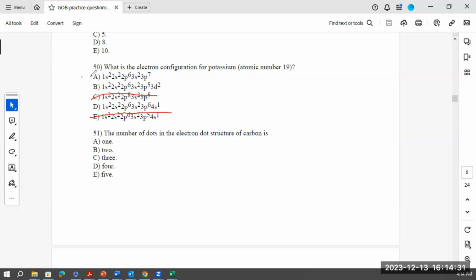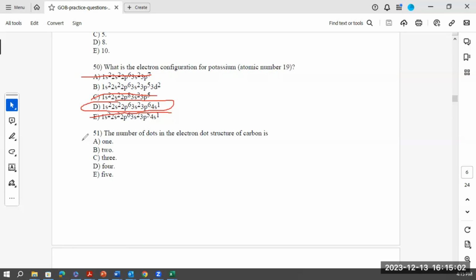We also know that this one is wrong because that one has 7. So D as in donkey. And they're really good about giving P 8 and 9 and 10. So if you remember that P only can hold 6, that's going to help you out.